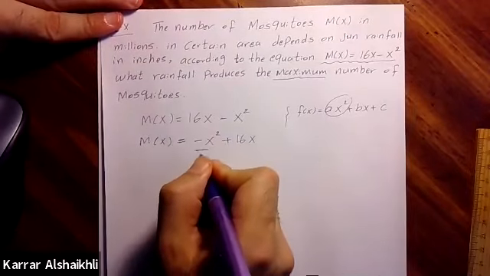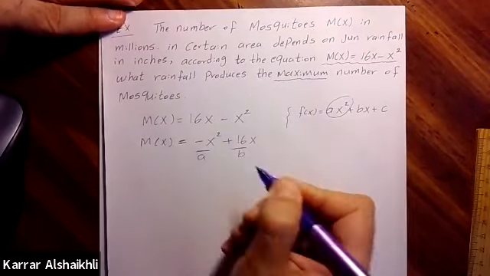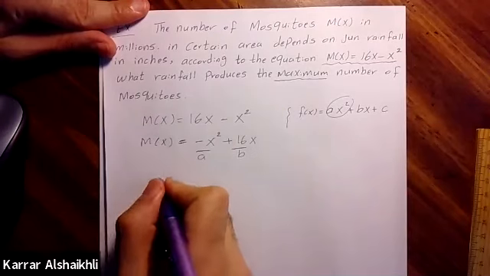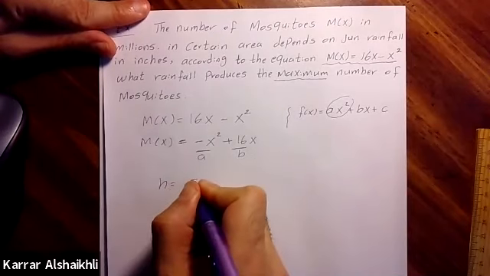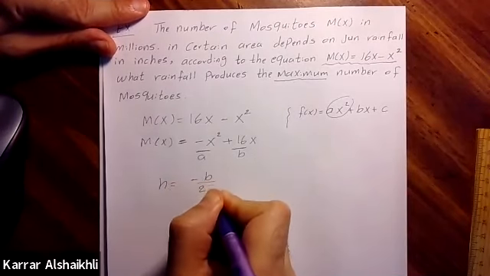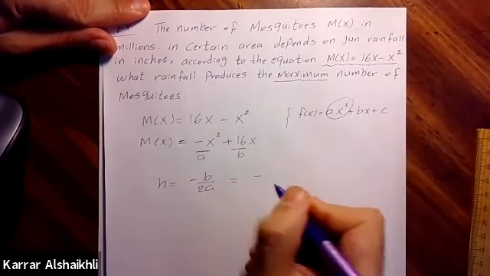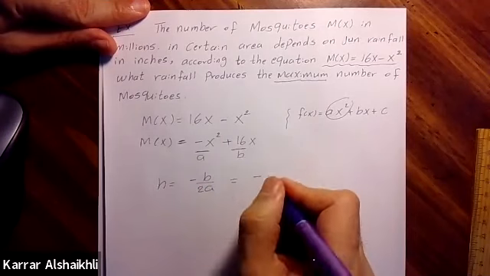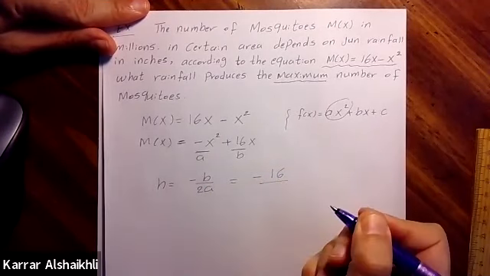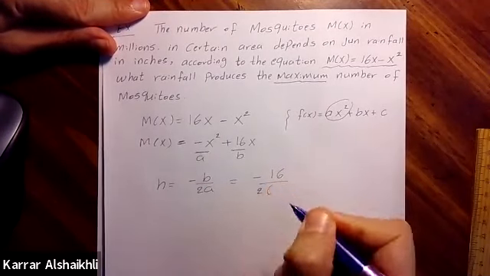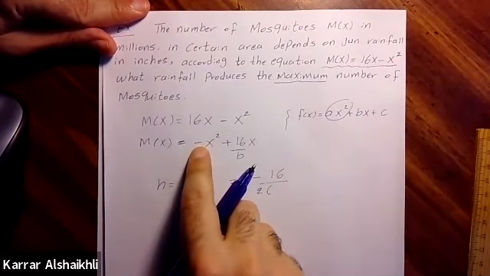This is the a, this is the b. So h is going to be negative b over 2a, which means negative b, b is 16, over 2 times a, and a is negative 1.